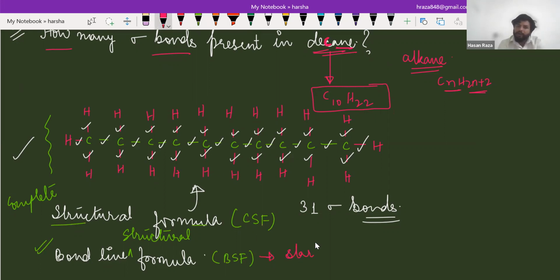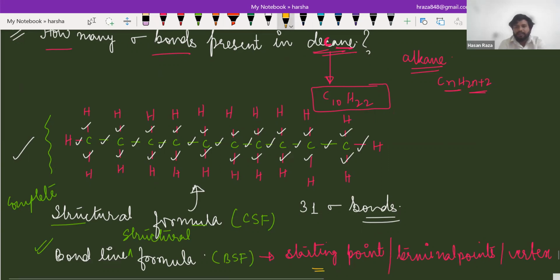The starting point, then the terminal point, that is where it ends, and the vertex all represent carbon.